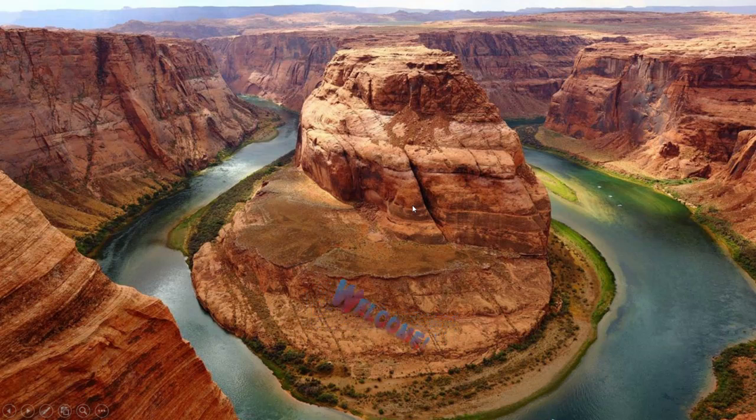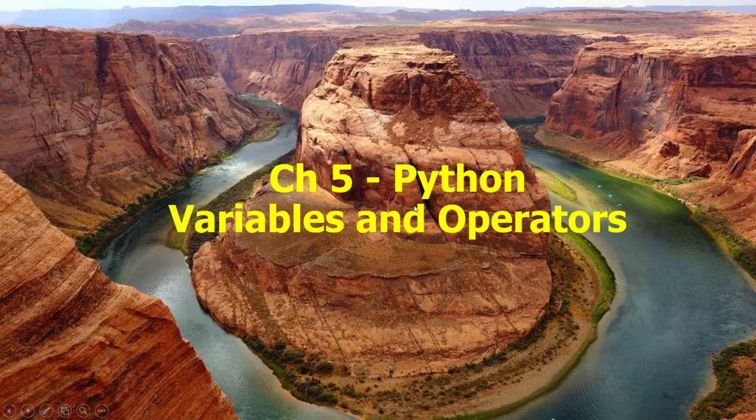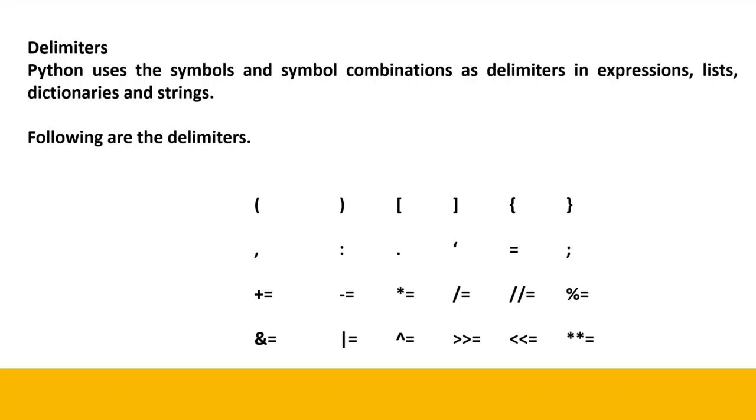Today we are going to deal with chapter 5, Python variables and operators. Today's topic is delimiters. Python uses symbols and symbol combinations as delimiters in expressions, dictionaries, and strings.